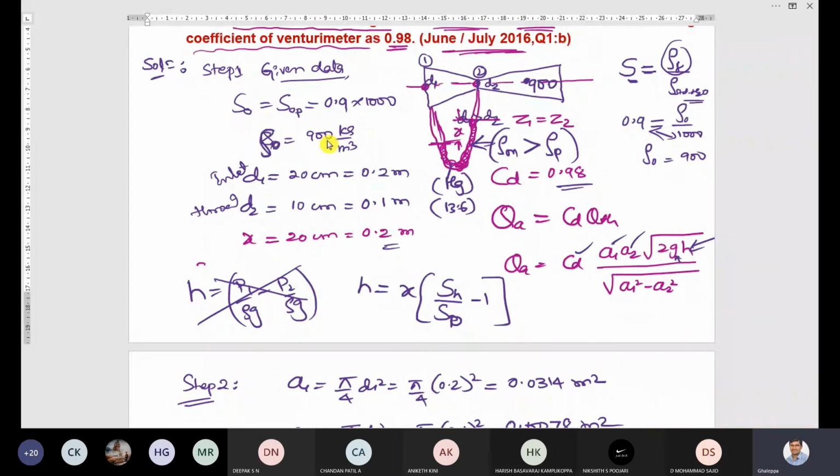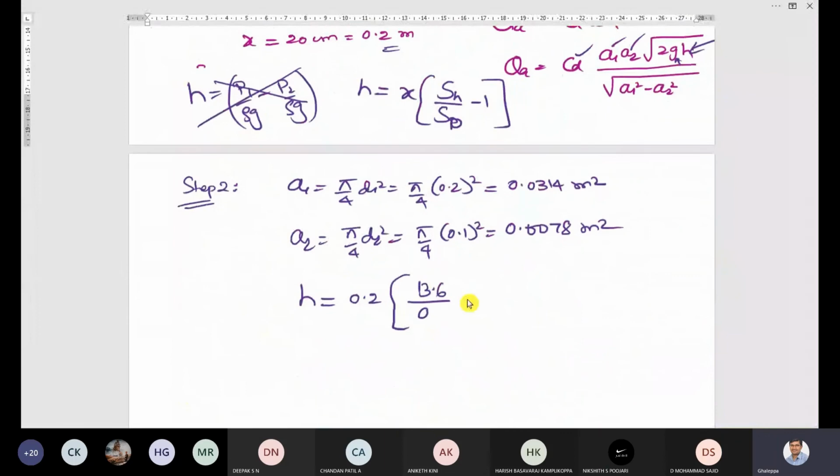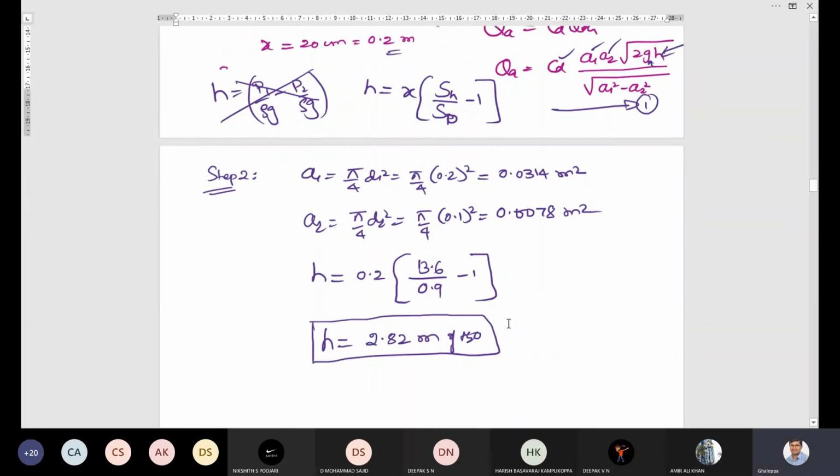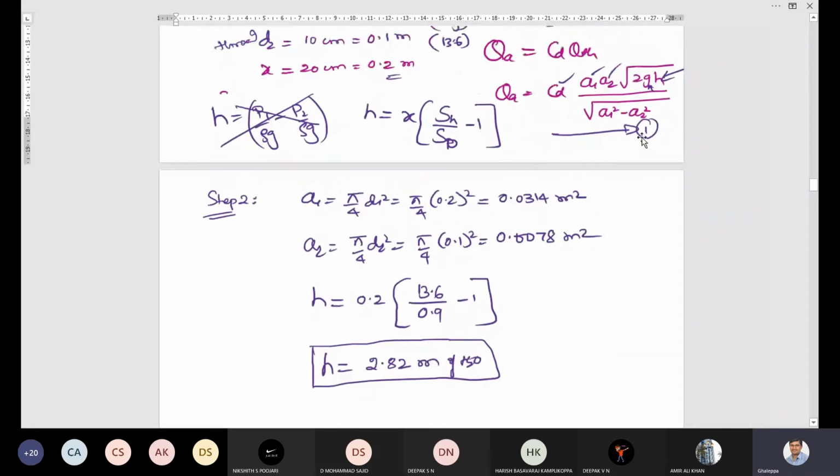We have taken in terms of specific gravity, 0.9, substitute, minus 1. So now I will substitute all the values in the calculator. 2.82 meter of water.